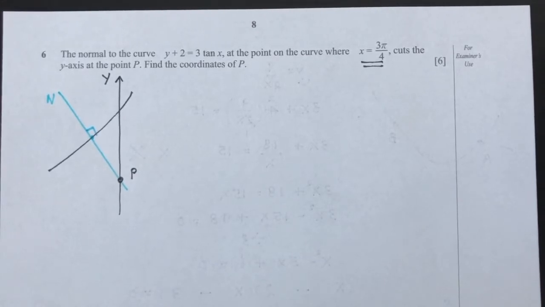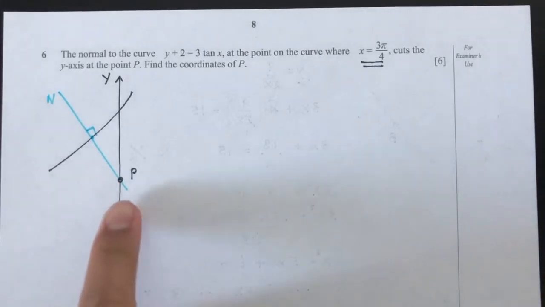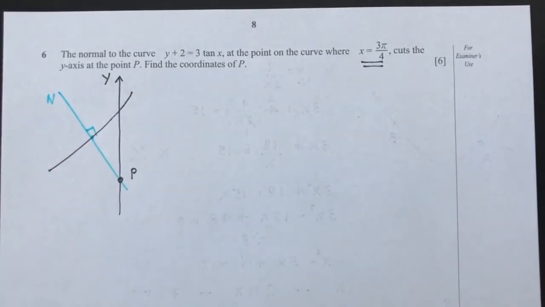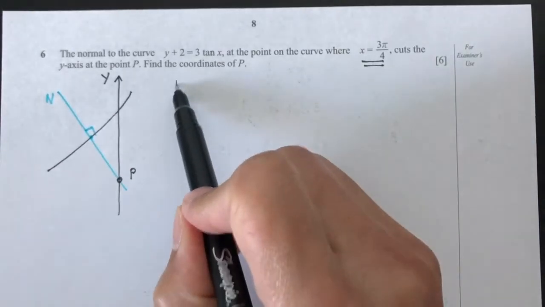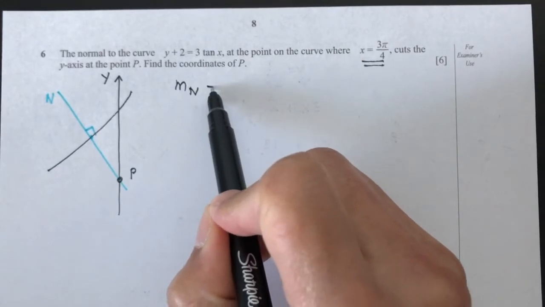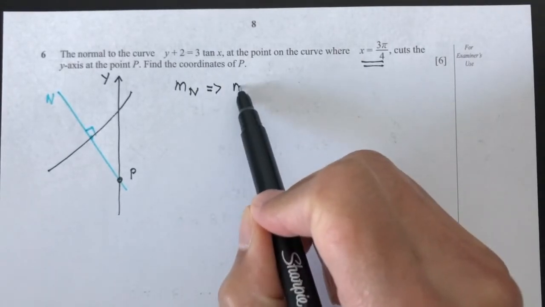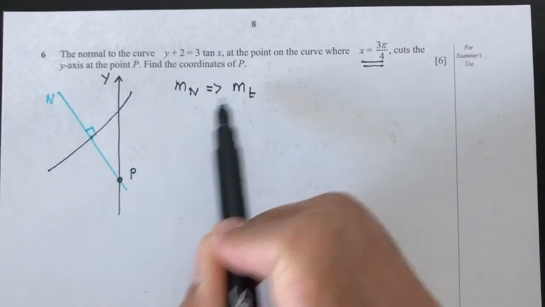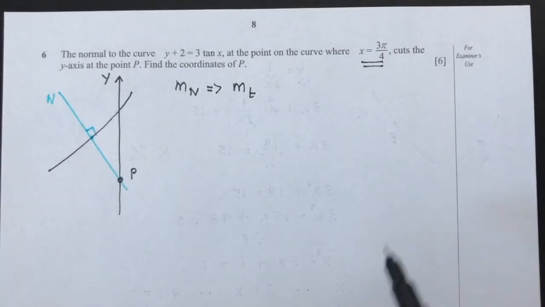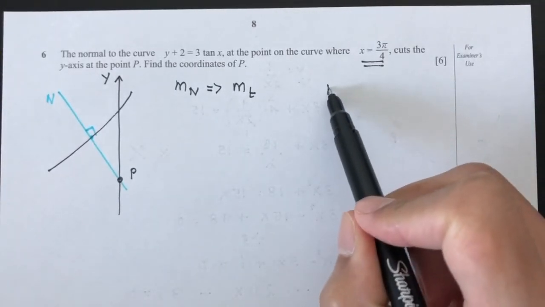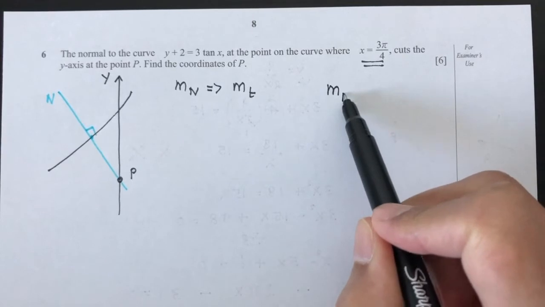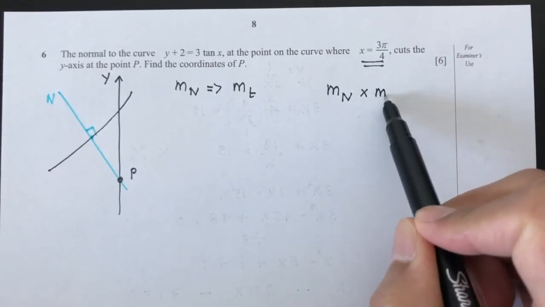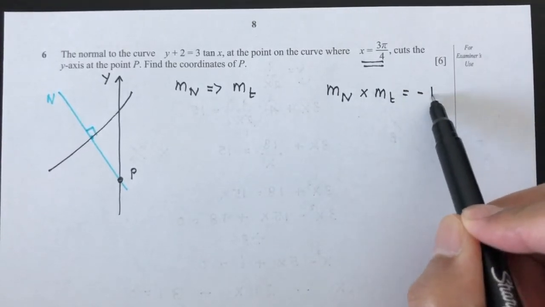So first you have to find the equation of line N, right? Now this is a straight line N, of course. So to find the equation of a straight line, you have to first find the gradient of the line. So to find the gradient of normal, we must first find the gradient of tangent, because they are related to each other. So we have a formula here: gradient of normal times gradient of tangent has to give you -1.